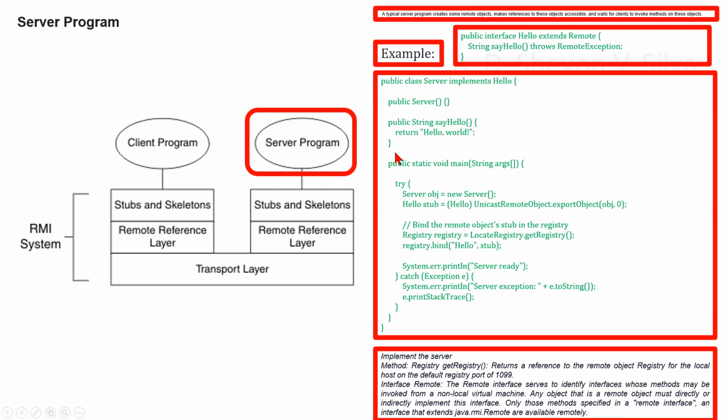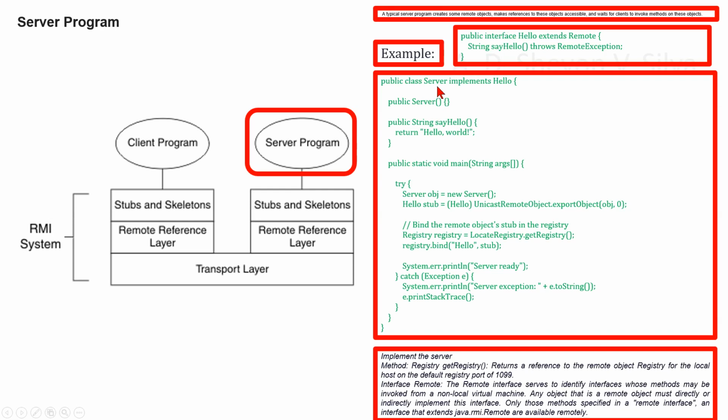Note a class can define methods not specified in the remote interface, but those methods can only be invoked within the virtual machine running the service and cannot be invoked remotely.